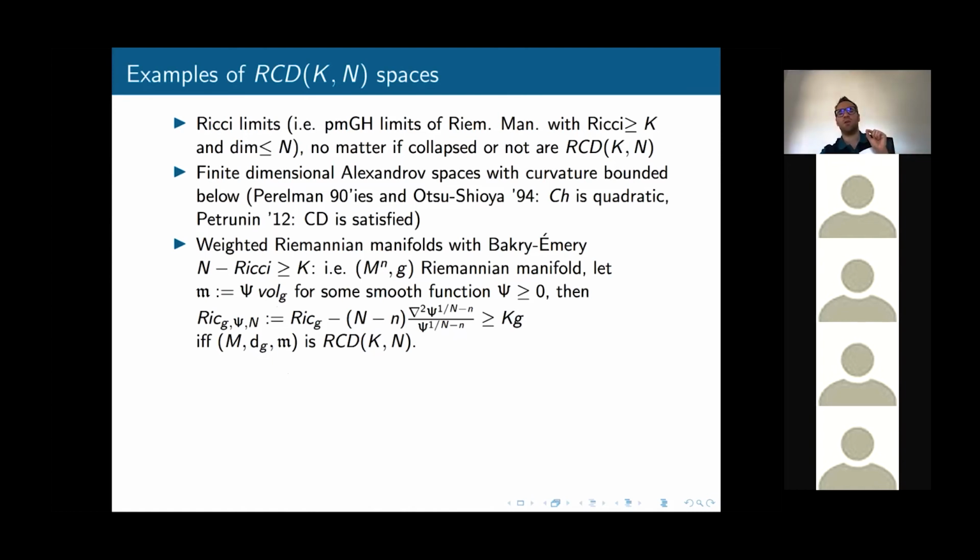This fact that, even if you have a small n-dimensional manifold, when you multiply the measure by a weight you are increasing its synthetic dimension, will be very useful also in the final talk when we see the localization technique.